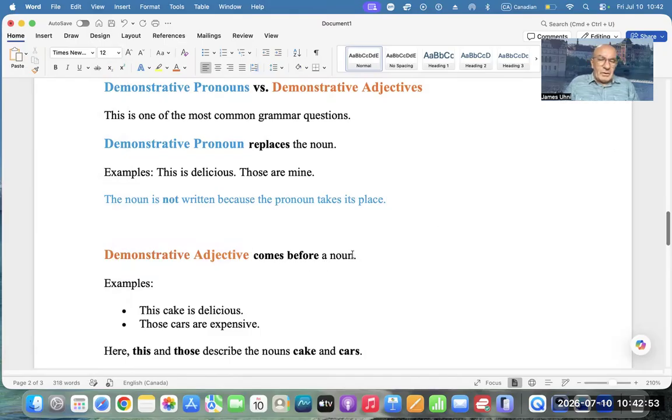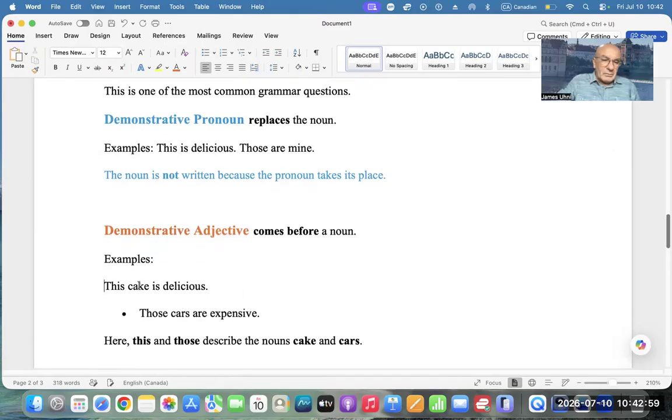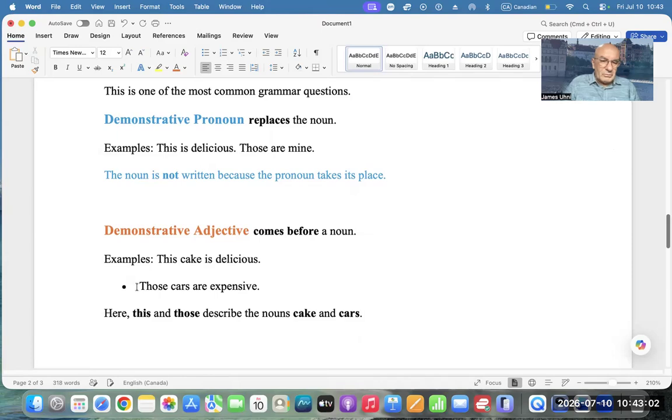Comes before a noun. So now we have examples, and I will play with those examples so you will see the difference.